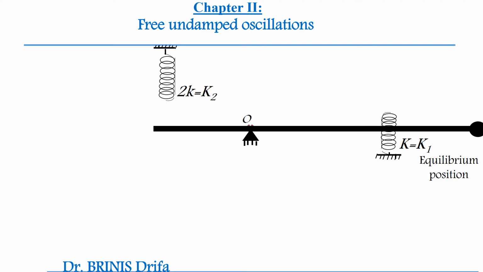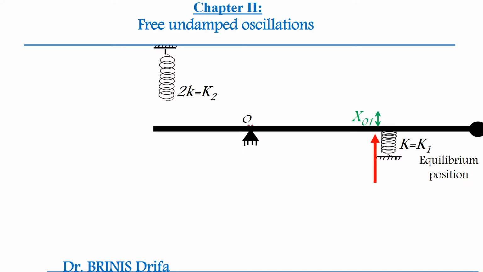It means K1 will be compressed with the distance x01, and a force is generated by the spring K1 in this direction. Here we risk losing our theta equal to 0 at our equilibrium position, because this force will rotate the masses upward around O.